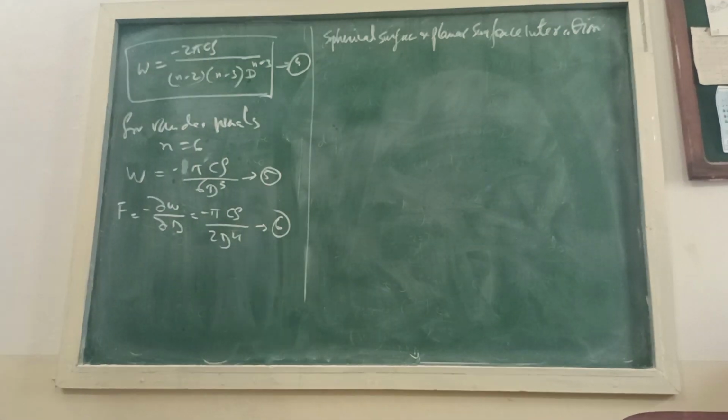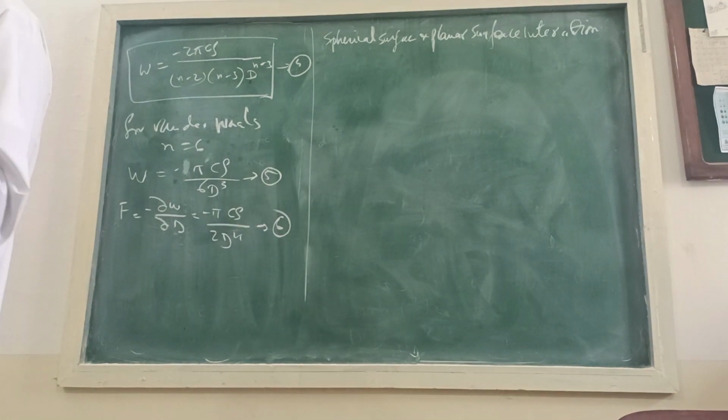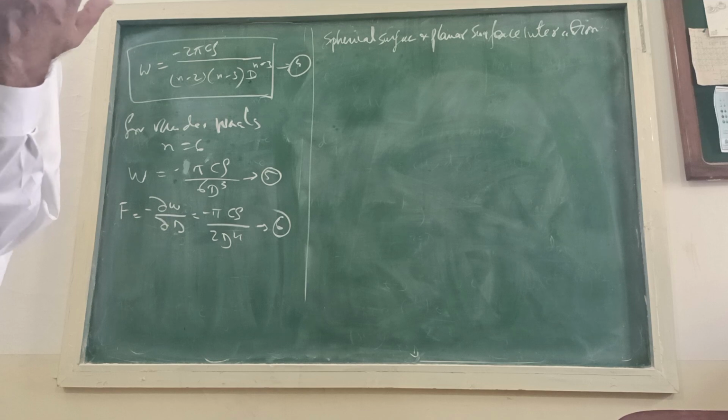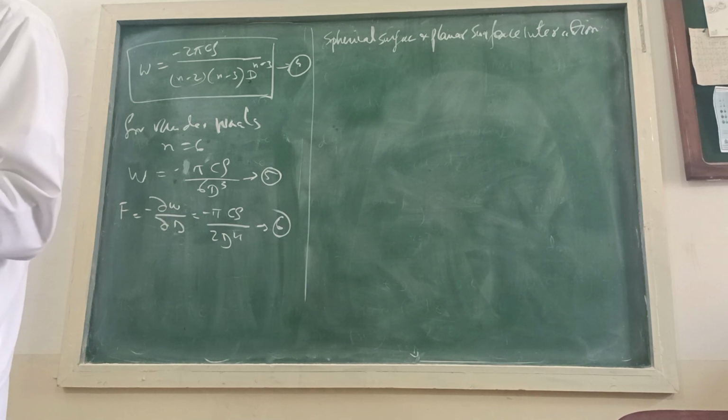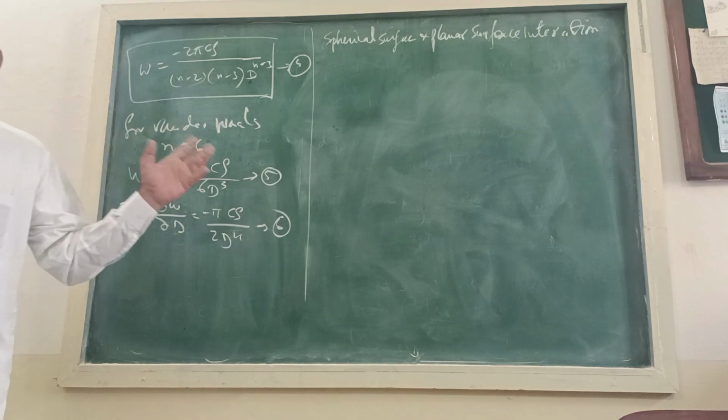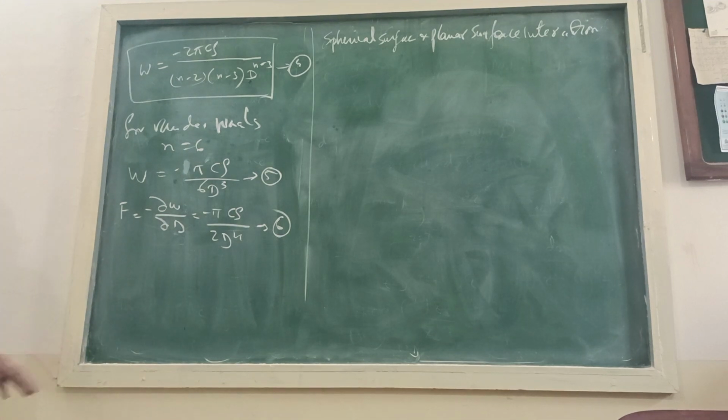Remember, these are generally for energy, R to the power n, and n could be whatever. So for one of our forces we put n equal to 6, we can find that.